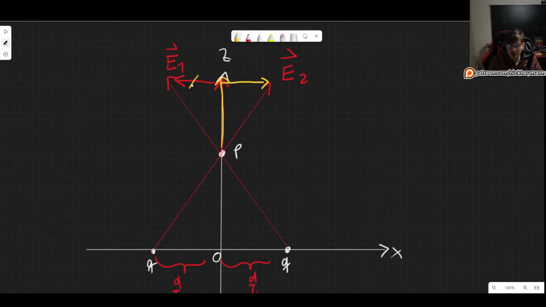So that means that this component should cancel out this one, while the vertical components or the z components will add up, giving us twice the result of just one of their vertical components.